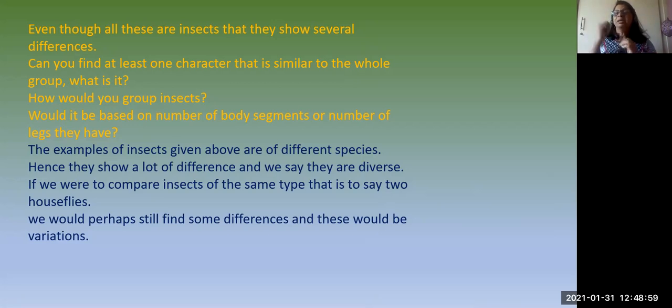Arachnida means spiders. For example, you can check how many legs are present in a spider. Insecta means cockroach, housefly, mosquito, ant, honeybee, everything. So insecta is a very big group, with subgroups again.